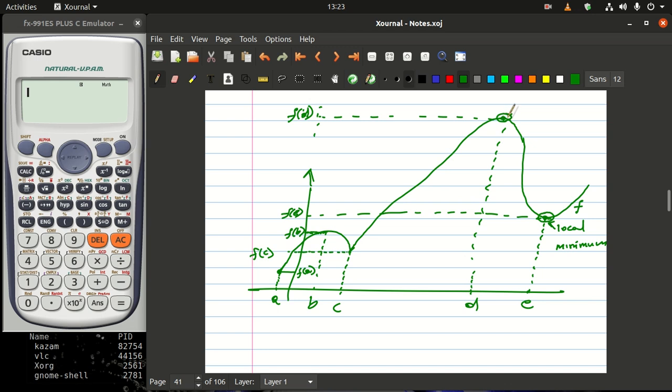Of course, when I was drawing this, I wanted it to look nice and smooth like this. In other words, this point is the largest value that I can get in this particular neighborhood. So it is the turning point somehow, because it is a max, and everything close to it is less. So we usually call this one a local maximum.